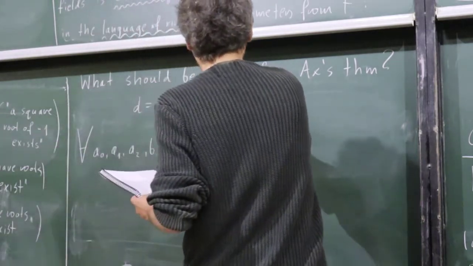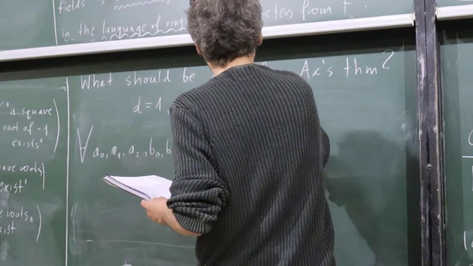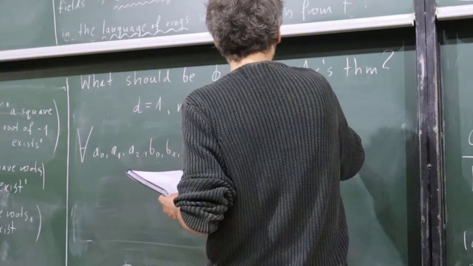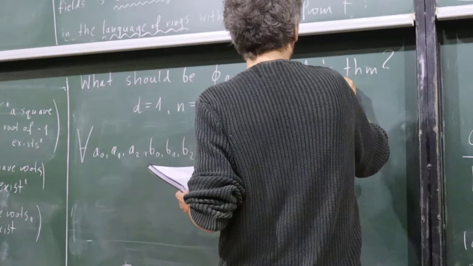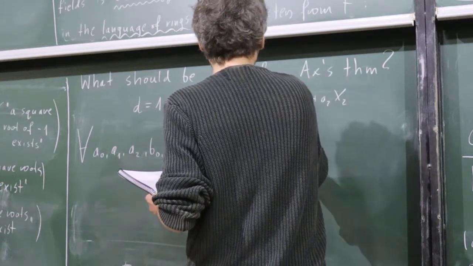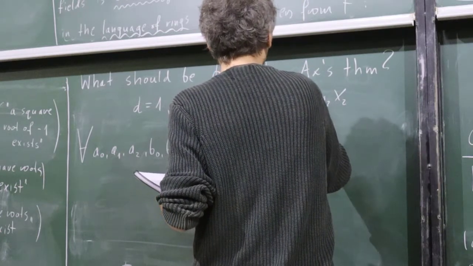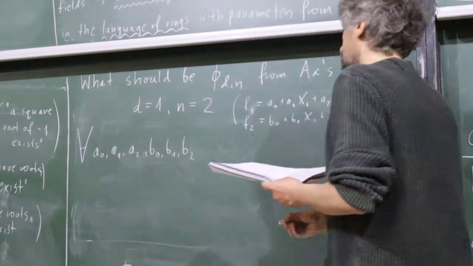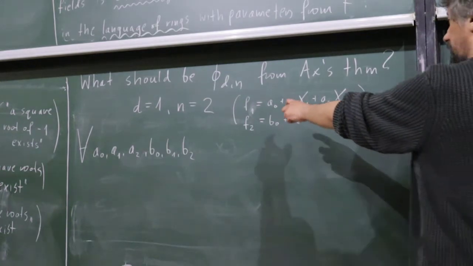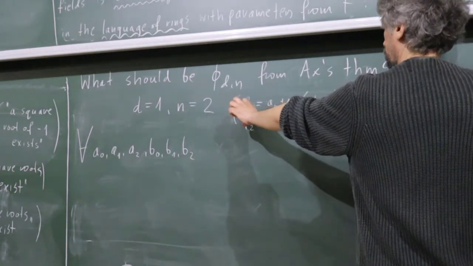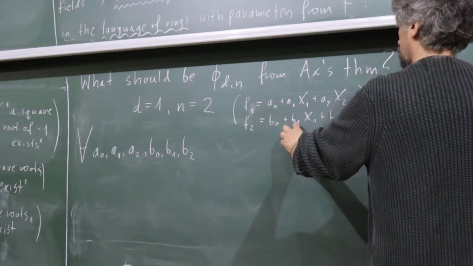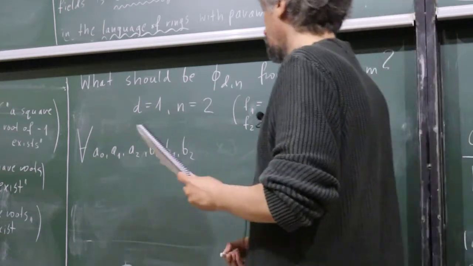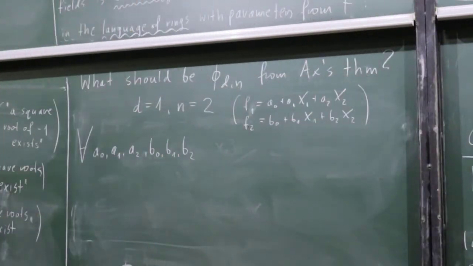You may think that this function f1 is of a certain form, so we have to express something about this function, so we talk about coefficients. But we have to stop somewhere. That's why there is this bound on the degree.